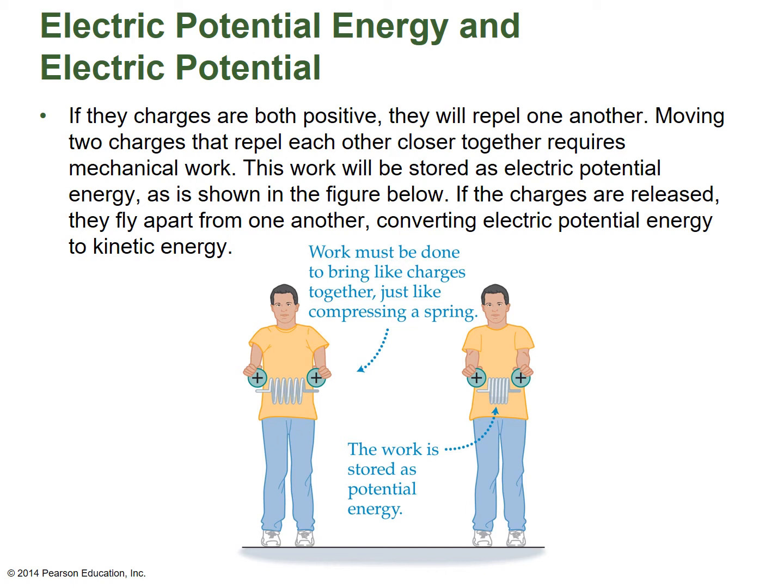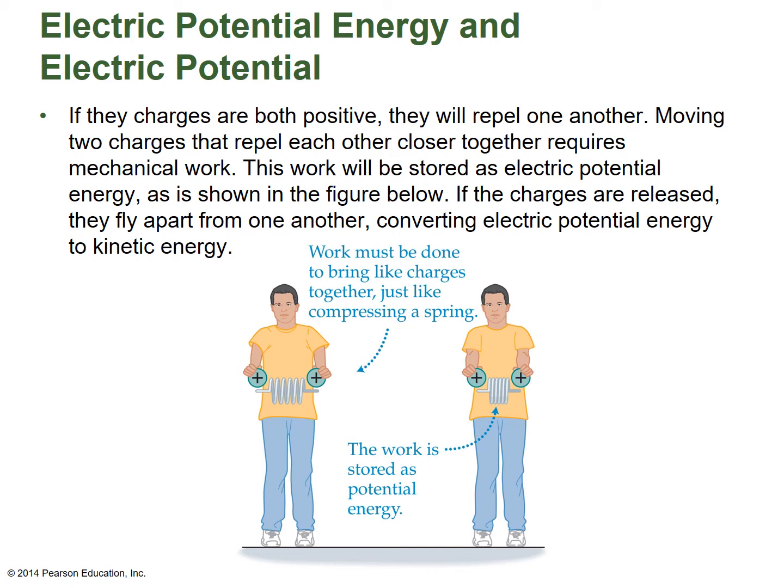If you carry in your hands two positive charges, work must be done to bring like charges together, because in the natural situation they repel each other. So to bring them together, you have to do work. It is very similar to a spring that you compress.